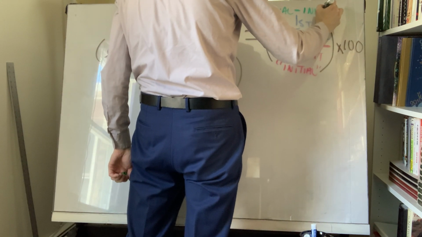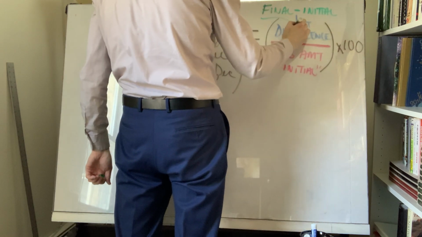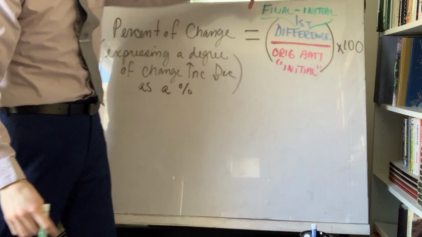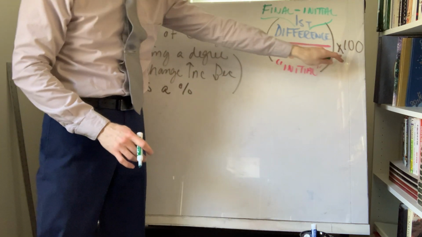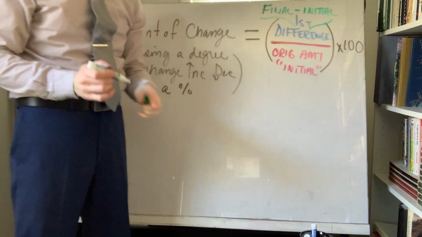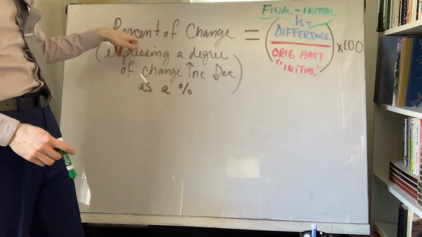As long as you're comfortable with that phraseology, that's what this difference is: a final amount, whatever it is, and some initial amount. Then, as an afterthought, you would multiply by 100. That is what makes it a percentage.